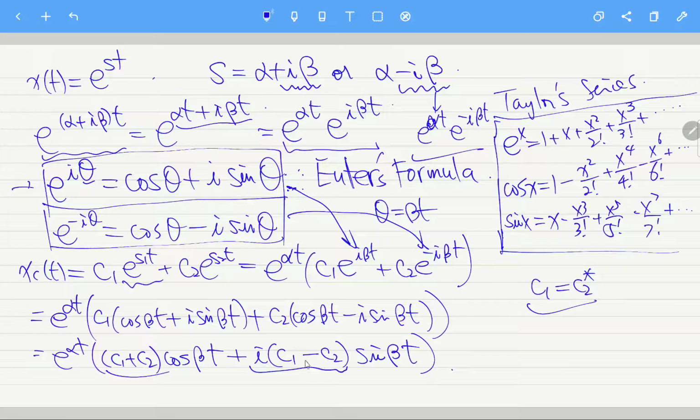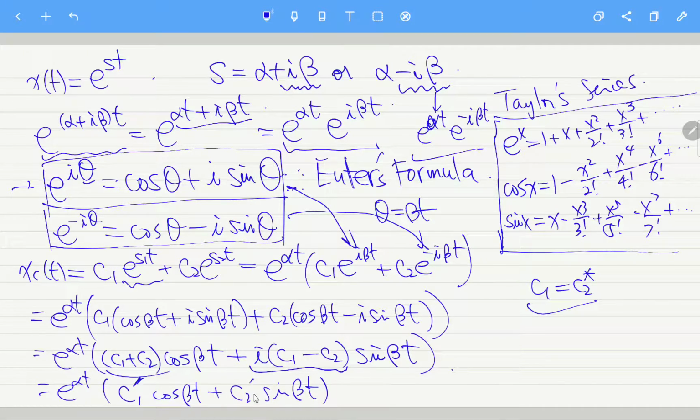In that case, we can rewrite it to be exponential to alpha t, c1 prime cosine beta t plus c2 prime sine beta t.